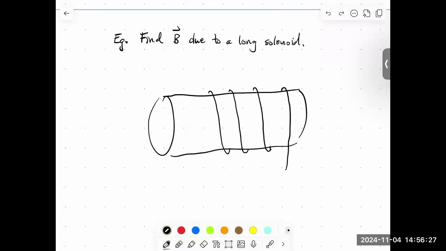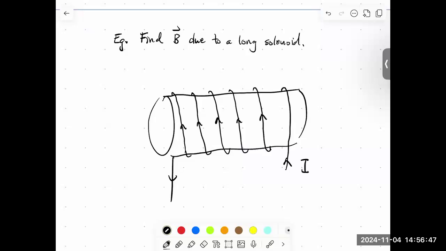And then we'll come down and have one more coming. All right, and I'm going to send in my current in this direction, like so, and it's going to come down here. So this is current I.